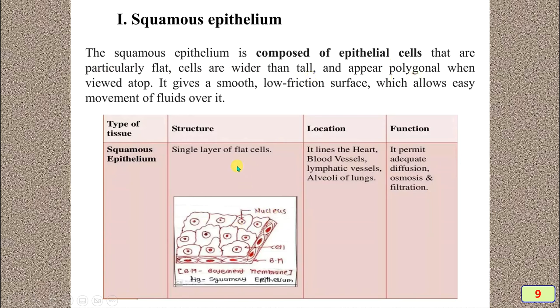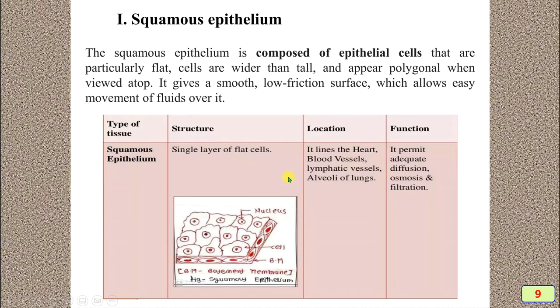This is the structure of the flat epithelial cells, also called squamous epithelial cells. It gives a very smooth, low-friction surface which allows easy movement of fluid over it.